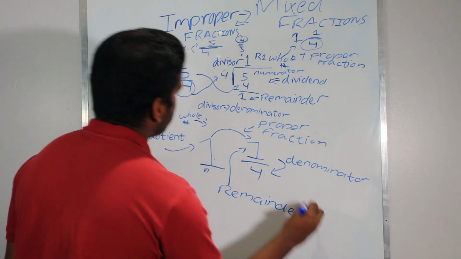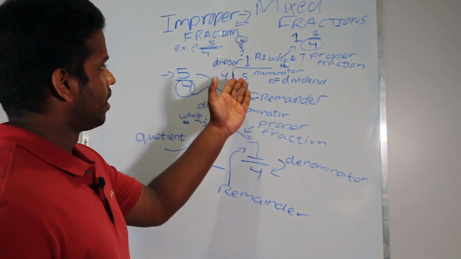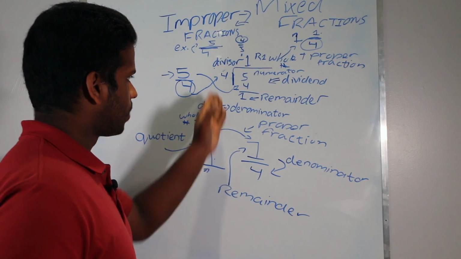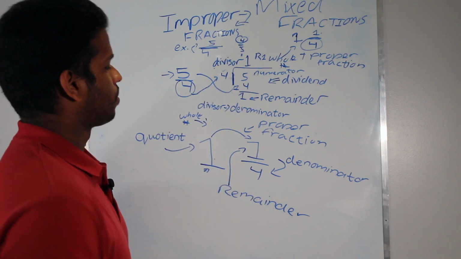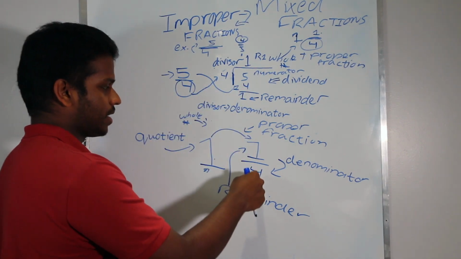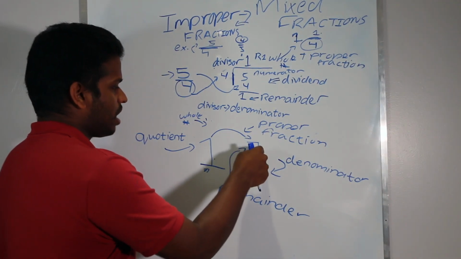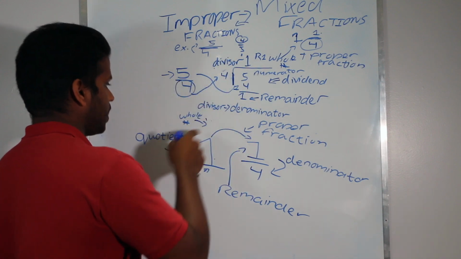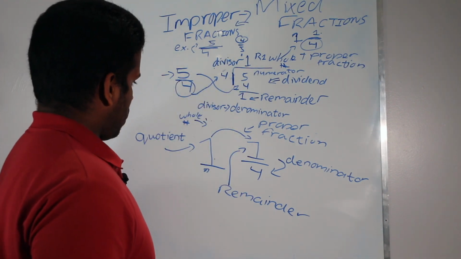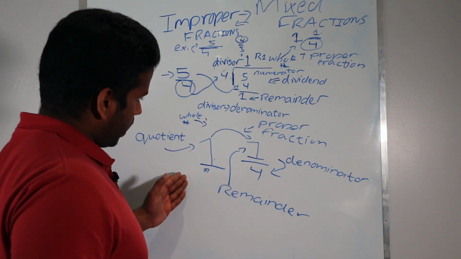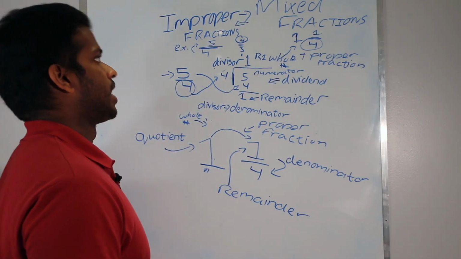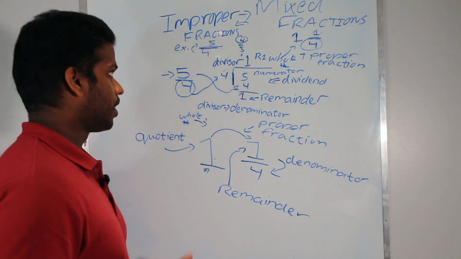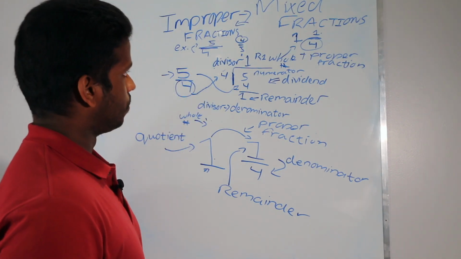So it's just a matter of knowing how to divide, and then knowing where to plug in which result: the denominator stays the same, the remainder goes in the numerator of the proper fraction, and the quotient goes in the whole number part of the mixed fraction. So that is how you convert improper fractions to mixed fractions.